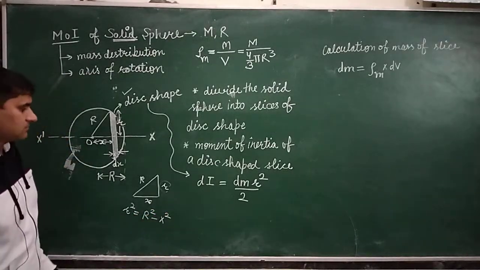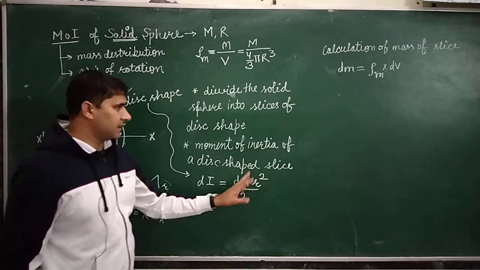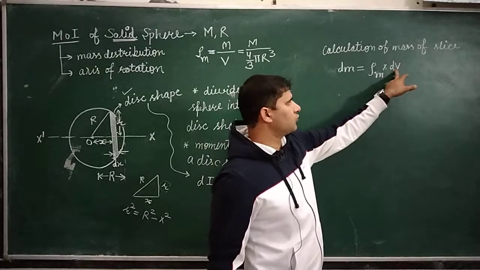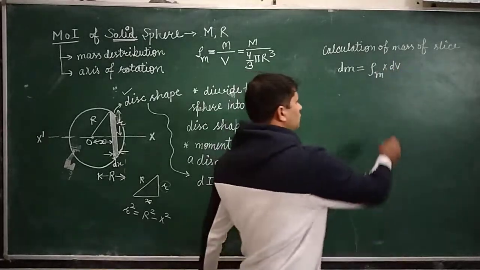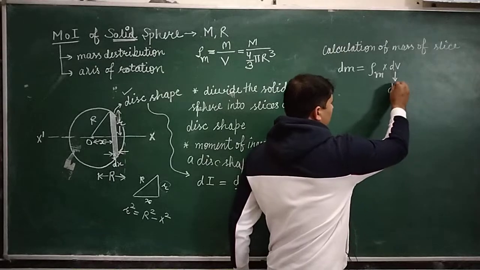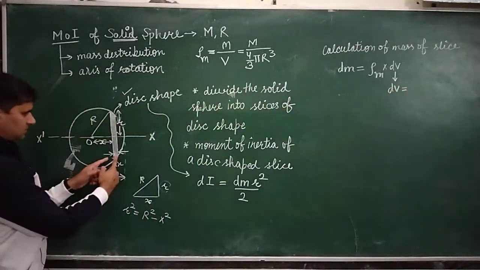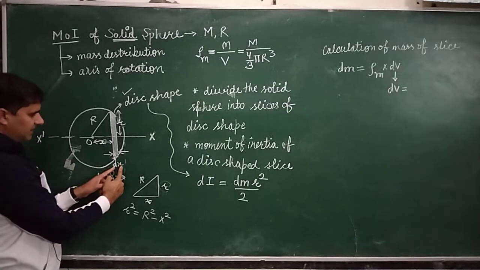To find the volume of this slice, the thickness of the slice is dx.